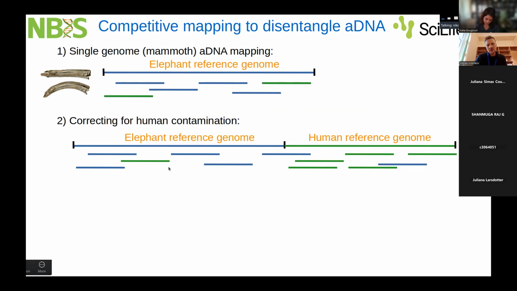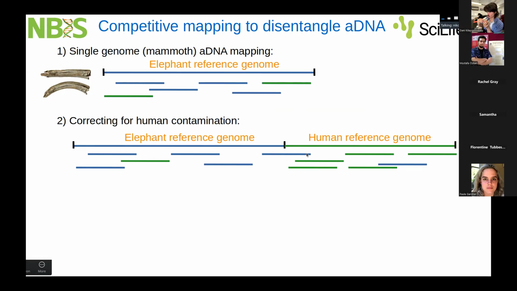And of course, there can still be mismappings. Some of the human reads will remain. Many of the reads will become ambiguous, so they will map with exactly the same affinity to both reference genomes, but in this case you would probably like to drop them because of this ambiguity. It's hard to say.